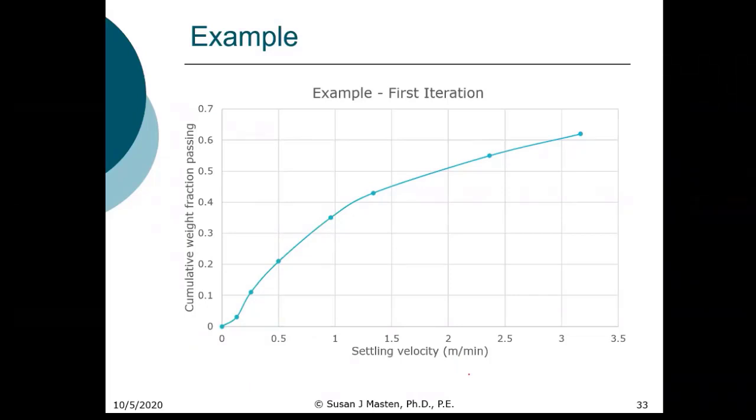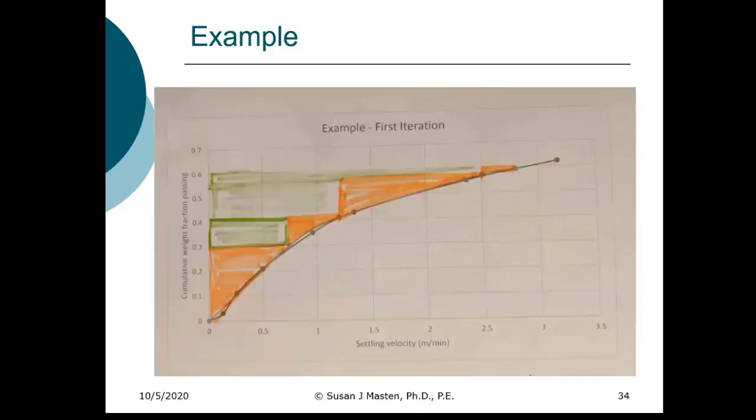Okay. So what I've done here is I've plotted this first iteration. I should have plotted the original data, but I didn't. So this is the first iteration here. I can then do the exact same thing here.